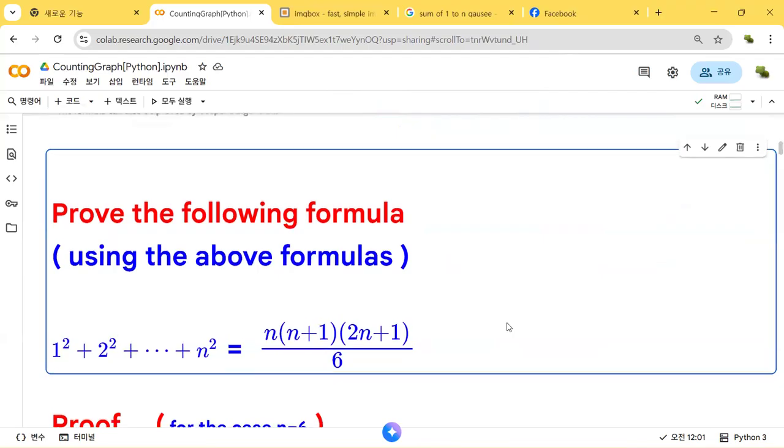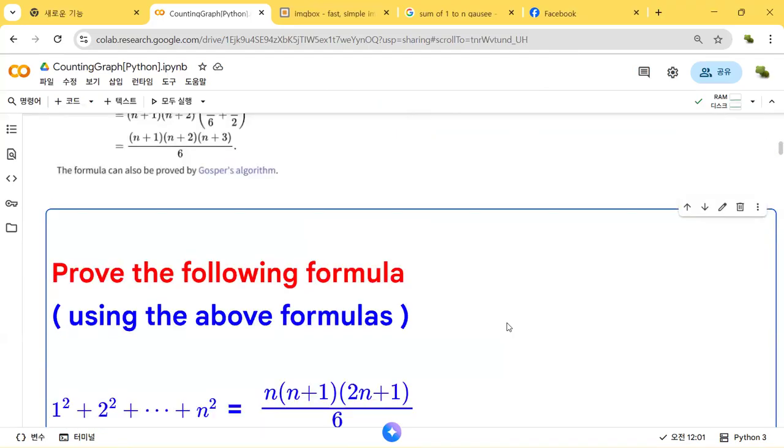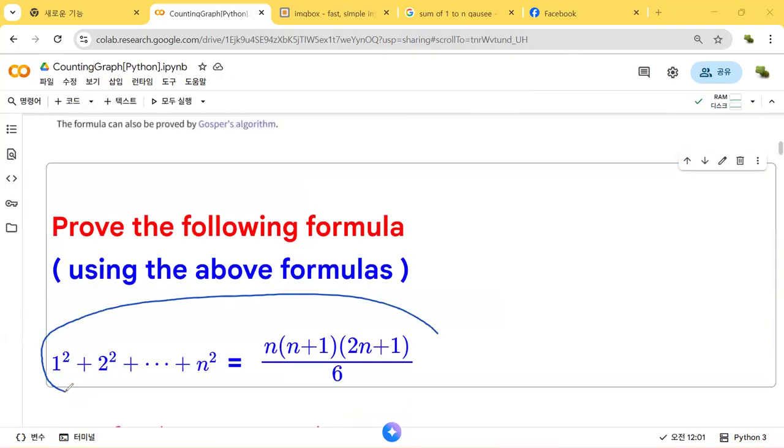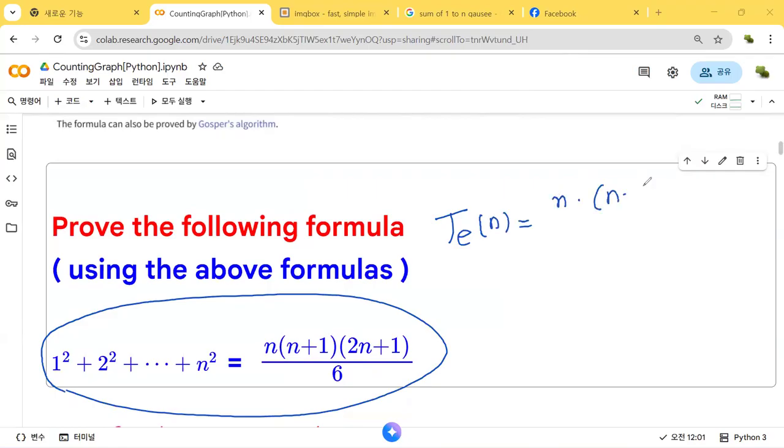But you may see there is a kind of similarity between this formula and the tetrahedral number formula, which was n times n plus 1 times n plus 2 divided by 6. Okay. So this one is very similar.